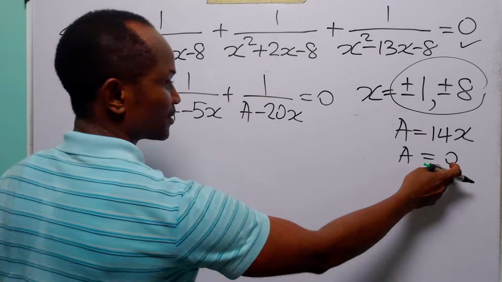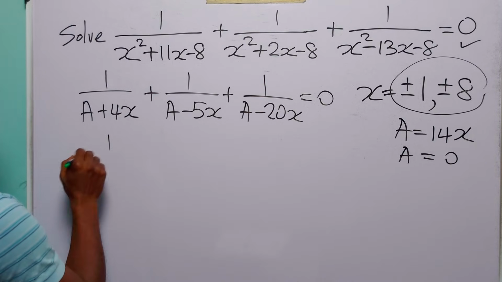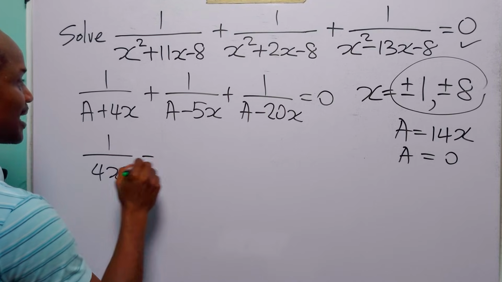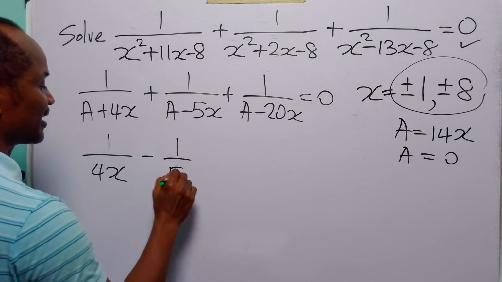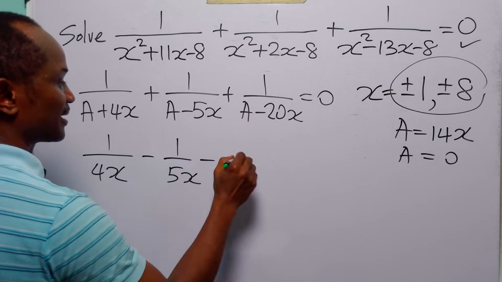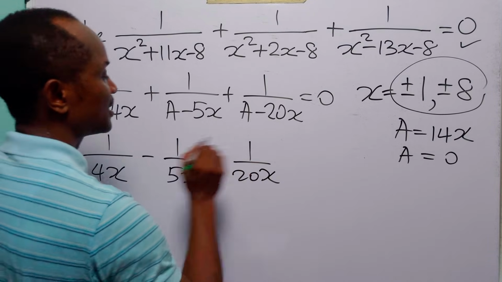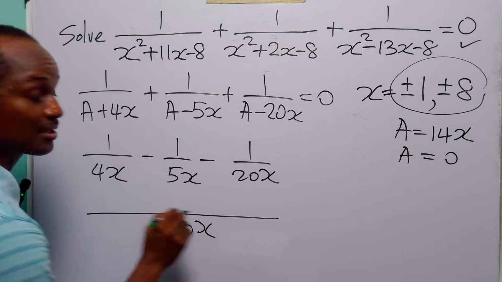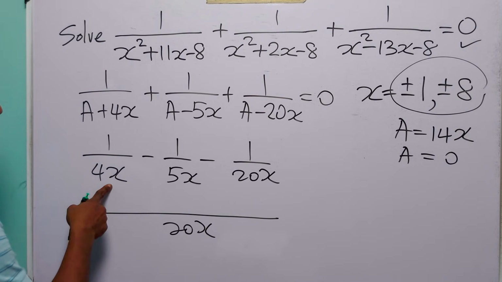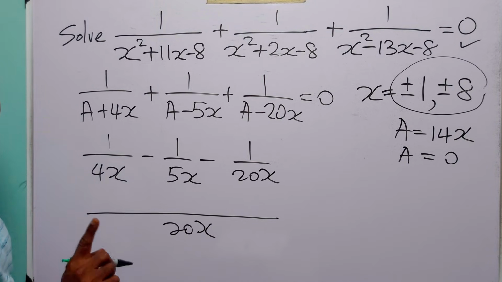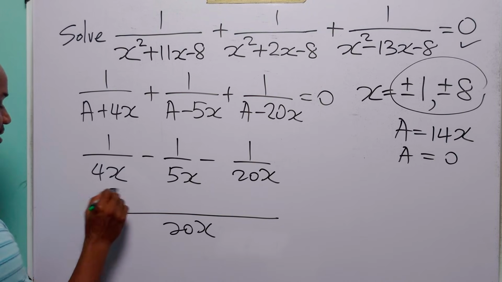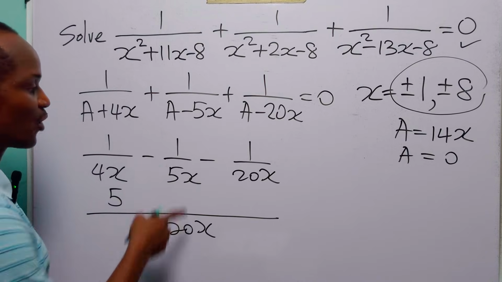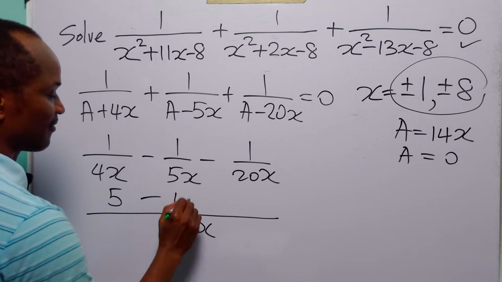And when a is equal to 0, this equation becomes 1 over 4x minus 1 over 5x minus 1 over 20x. Now let us take an LCM of 20x. 20x divided by 4x, of course, is 5. 5 times 1 is 5. 20x divided by 5x is 4. 4 times 1 is 4.